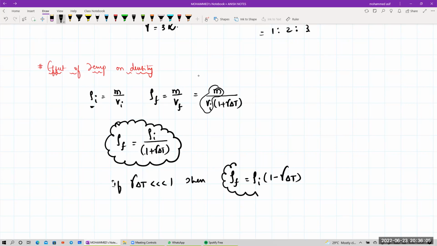Final density is equal to initial density into 1 minus gamma into delta T. Clear?